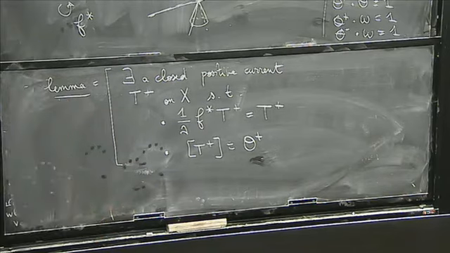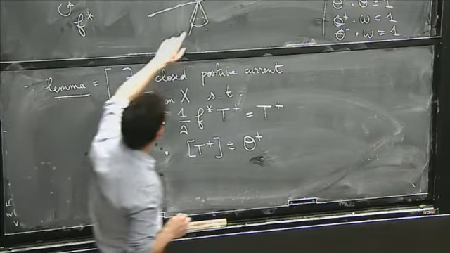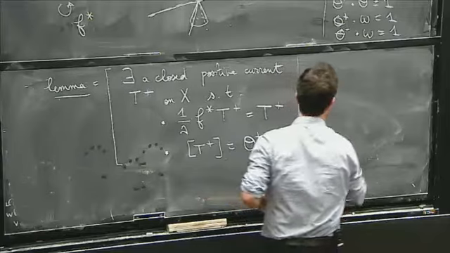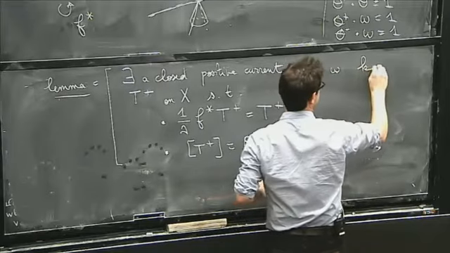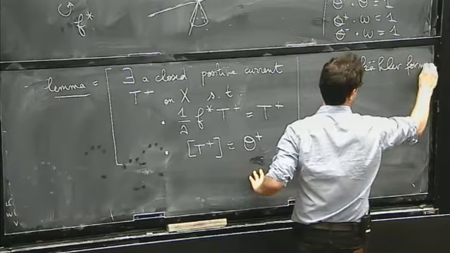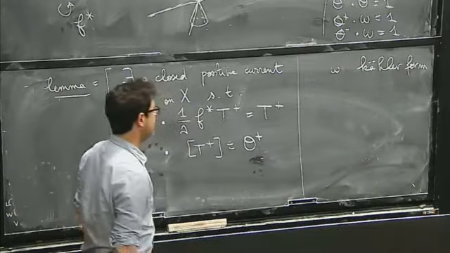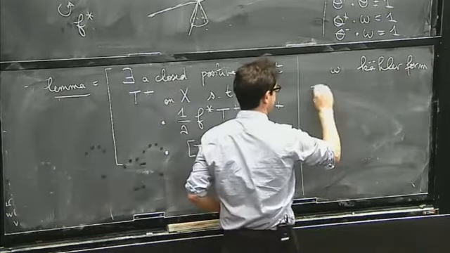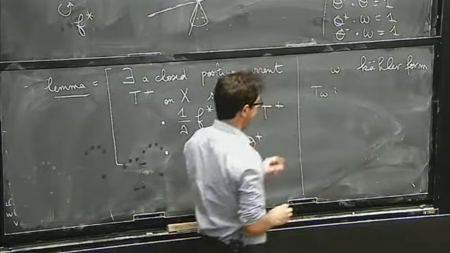Okay, so what is the proof? So if you have omega a Kähler form, then you get a current T index omega. So this current acts as follows.